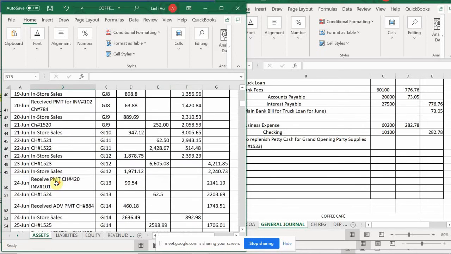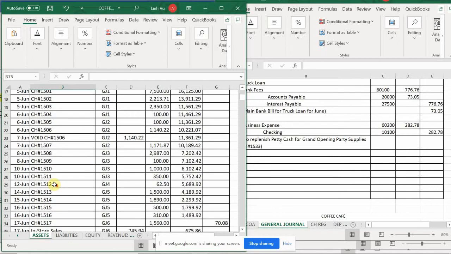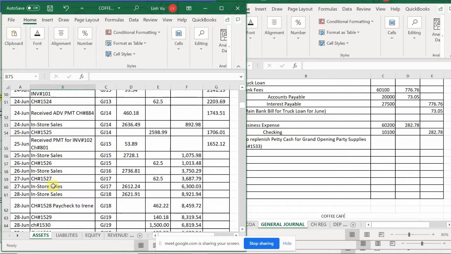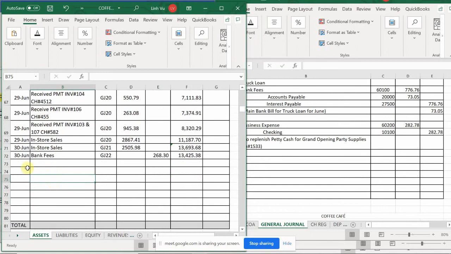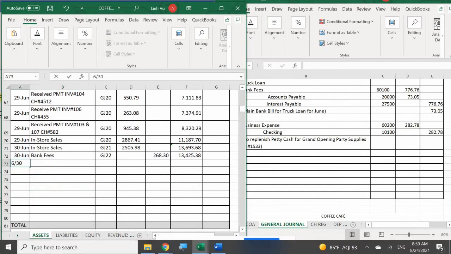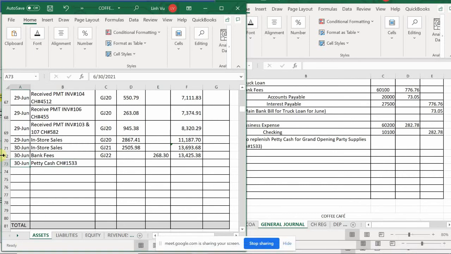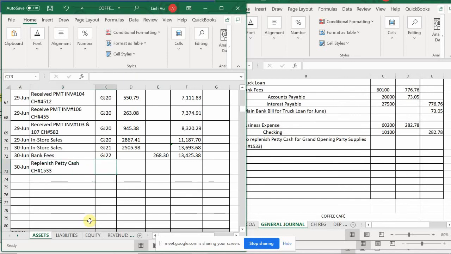Okay, so now we have to change our checking because we had to put money back into the petty cash. Replenish petty cash, general journal 22. And we subtracted 282.78.